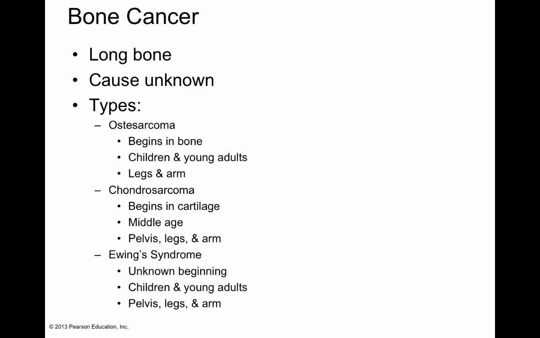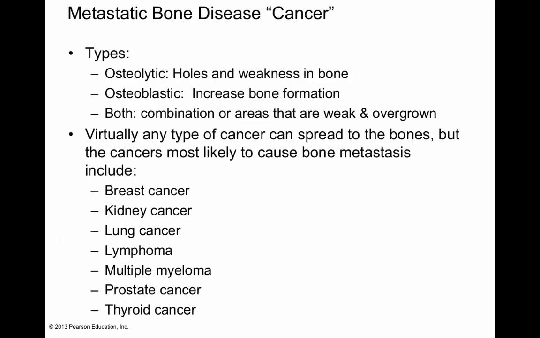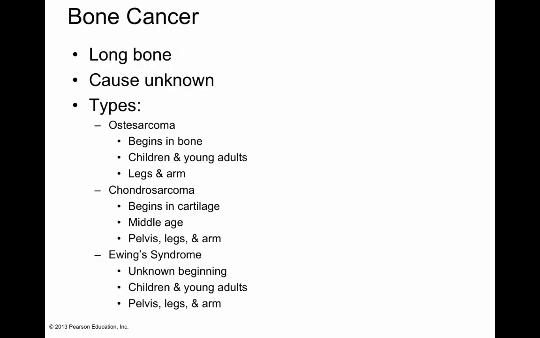Now, bone cancer is most likely seen in long bone. The cause is unknown. There are three types of bone cancer. So basically the difference between metastatic bone disease is that you're getting it from cancer somewhere else and it's coming to your bones. Bone cancer essentially originates in the bones.